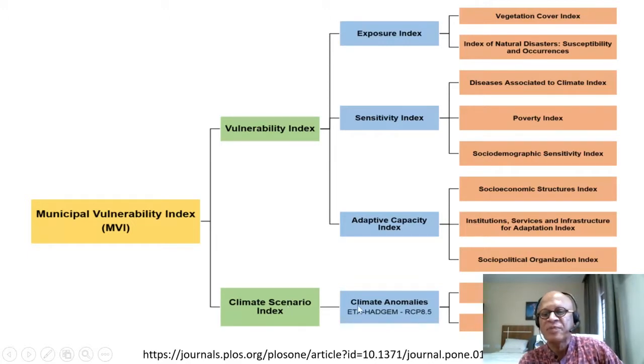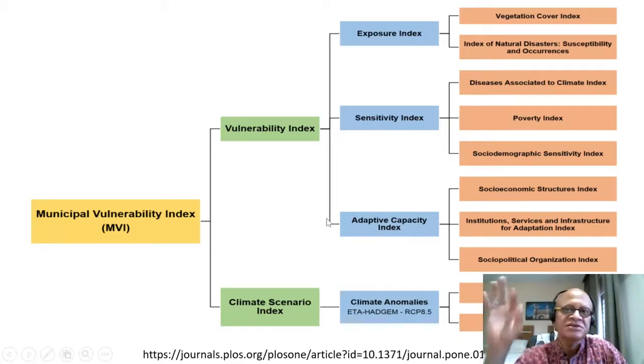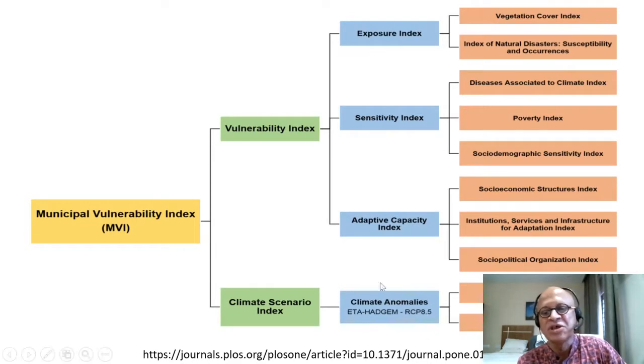So climate anomalies, this is done here with the HadGEM model with a scenario of RCP 8.5, which we talked about in terms of the business as usual scenario with the highest emissions into the coming decades out to 2100, and top of the atmosphere radiative imbalance of 8.5 watts per meter squared.